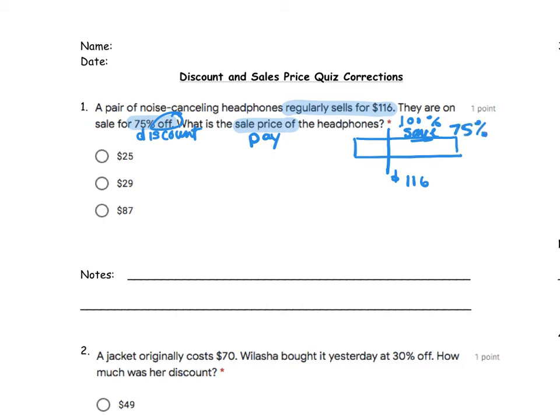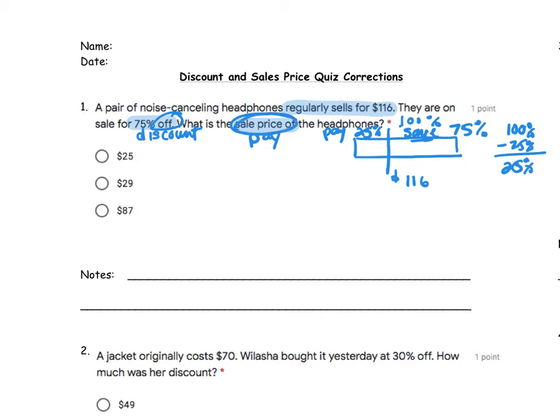So if we wanted to find the discount, we would use 75%. But if we wanted to find the sale price, we would take off 75% from 100% to get 25%. And this is 25%, the amount that we would pay. And that's what they asked. So we have two choices.